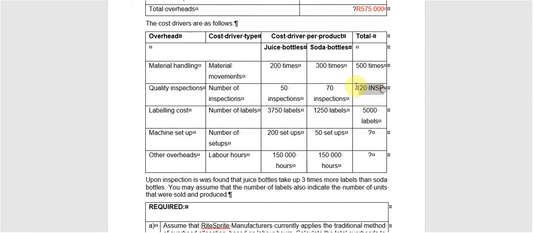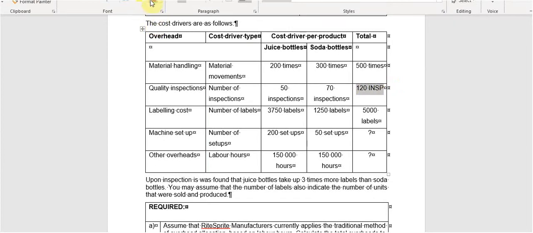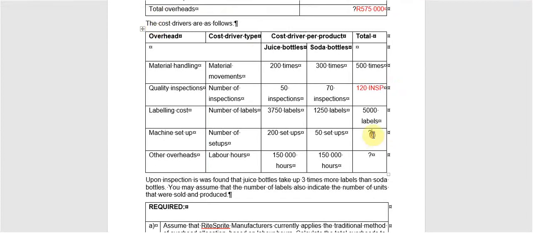So I'm just adding up those that are question marks. Then we have the labeling cost. The number of labels will be the overhead cost driver. Then there were 3,750 labels, 1,250 labels, total there 5,000 labels. For the machine setups, the number of setups were 250 setups, so that should be a total of 250 setups.